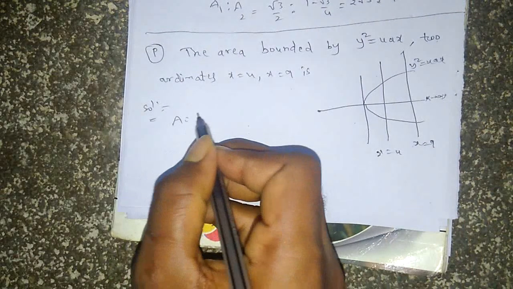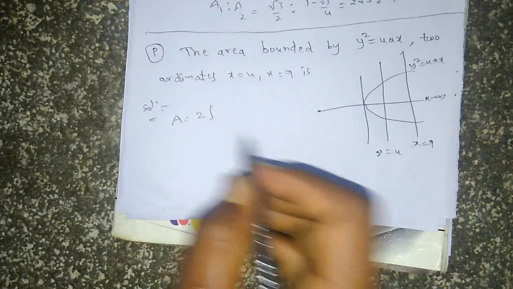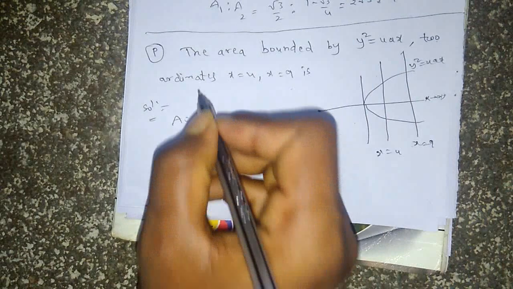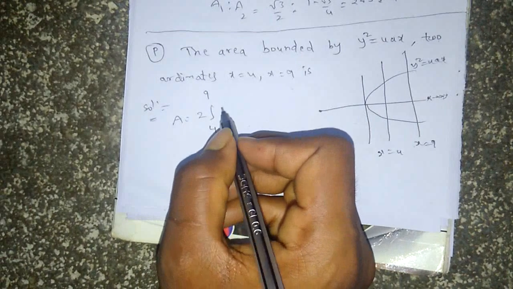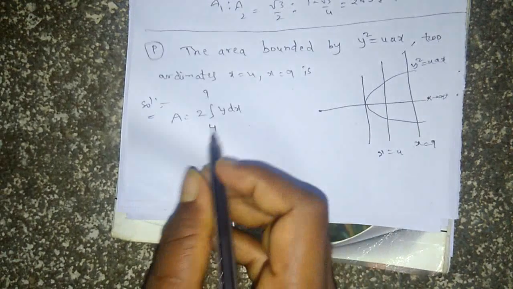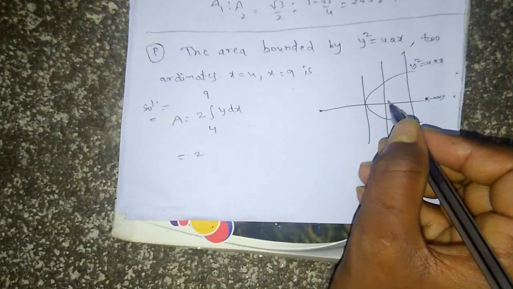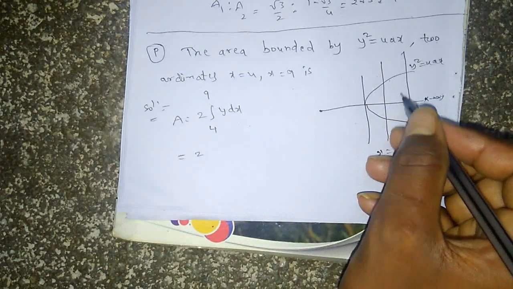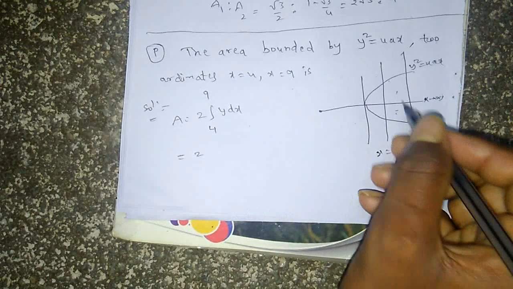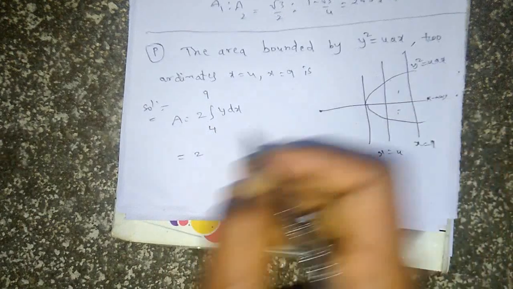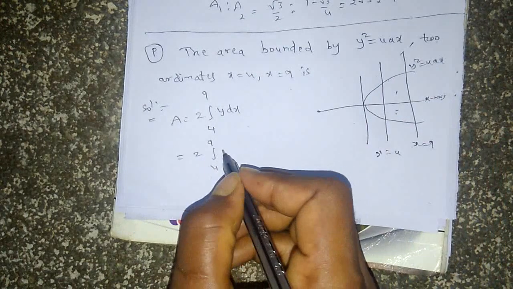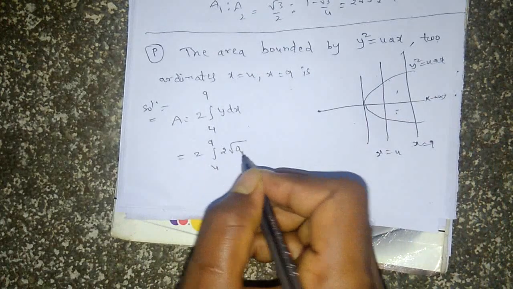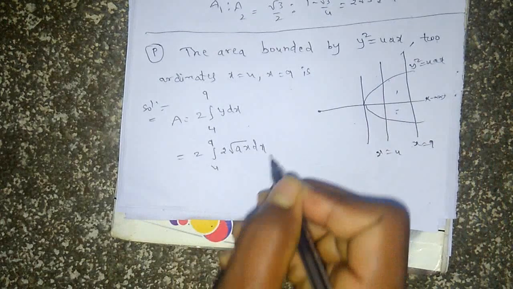So the required area is 2 times the integral of y dx with limits between 4 to 9. I am doubling this area, since the area above and below the axis are the same. So that is the integral from 4 to 9 of y = 2 root a x dx.